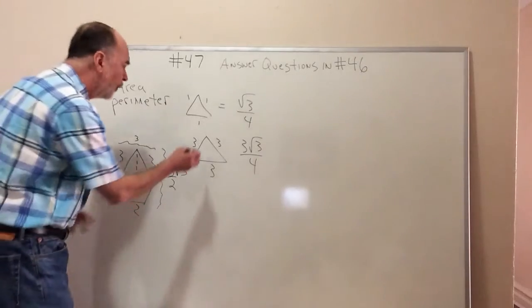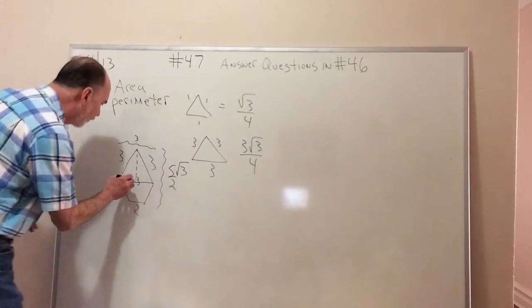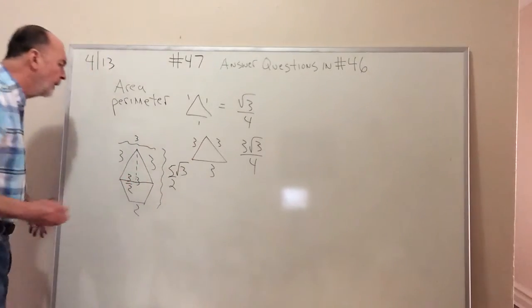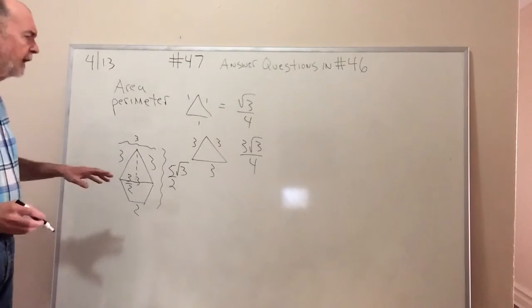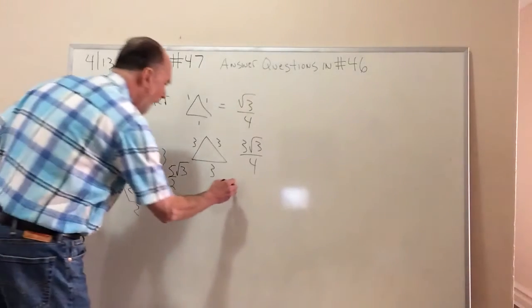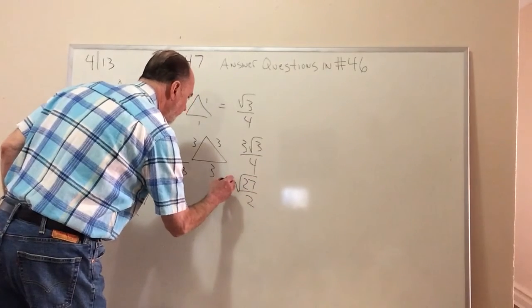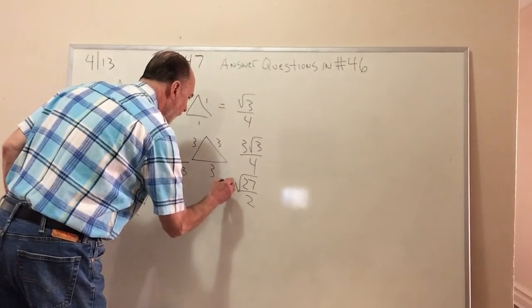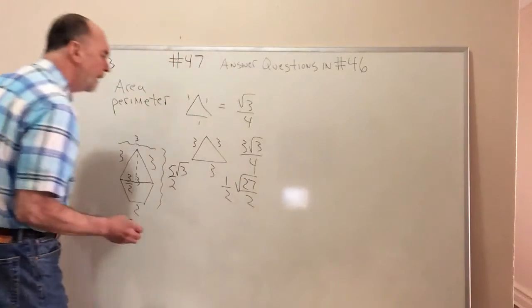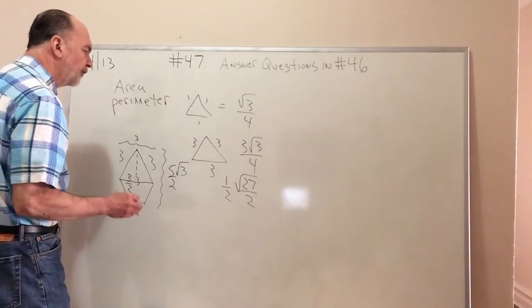Now, you could do this, and you get 3 over 2 over here, but when you do the work, you will see that you're going to get radical 27 over 2, and you'll multiply that by 1/2 using the area of a triangle.